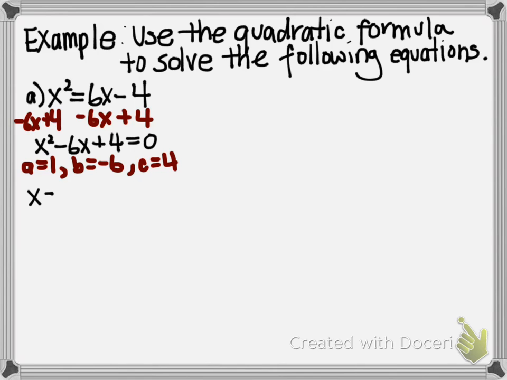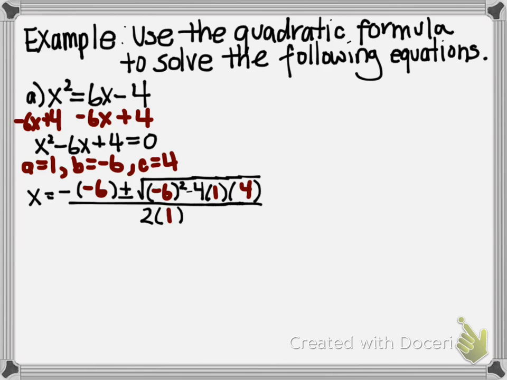Once you have that, you plug it into the quadratic formula, and remember you want to memorize this. If I plug it in, it looks like the following. We're going to simplify this. The first part is a negative and a negative, so that becomes a positive 6. Then square negative 6, which gives you 36. Then multiply.